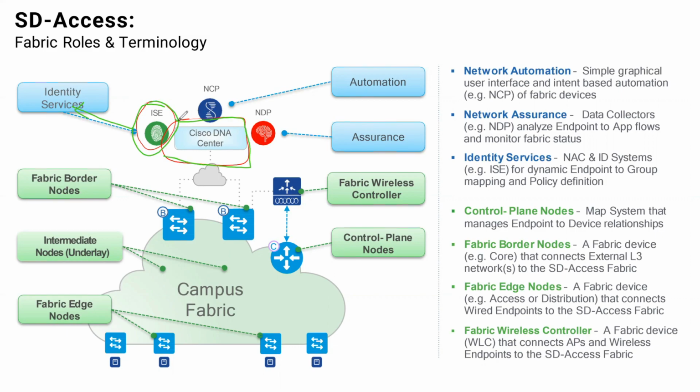Cisco DNA Center comprises NCP, which is network configuration, done using automation. It also has the assurance engine, popularly known as NDP, network data platform, which takes care of the assurance and insights: what issues are there in the network, are there any port blockings, are there any existing ACLs which are blocking the traffic.